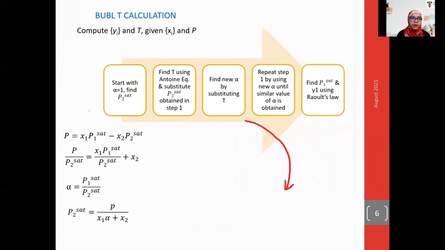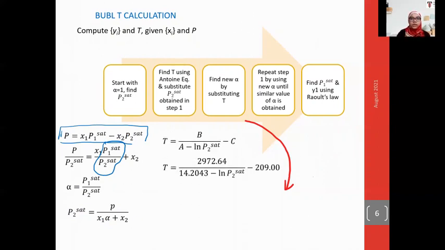Because we have P1 over P2 saturation equal to alpha, we can get P2 saturation equal to P over x1 alpha plus x2. And then we can substitute P2 saturation to get the temperature, and finally we can have a new alpha.